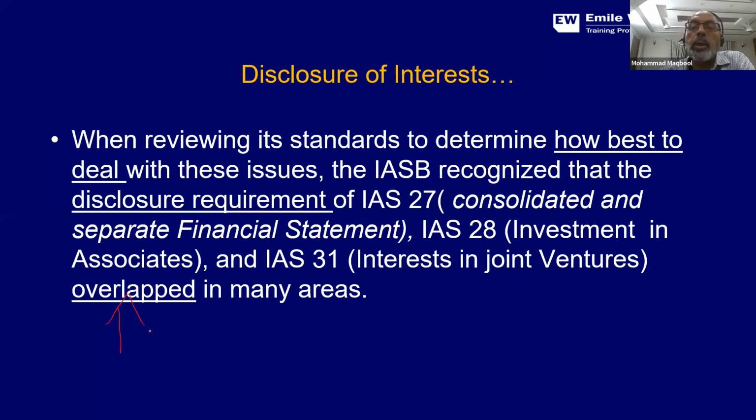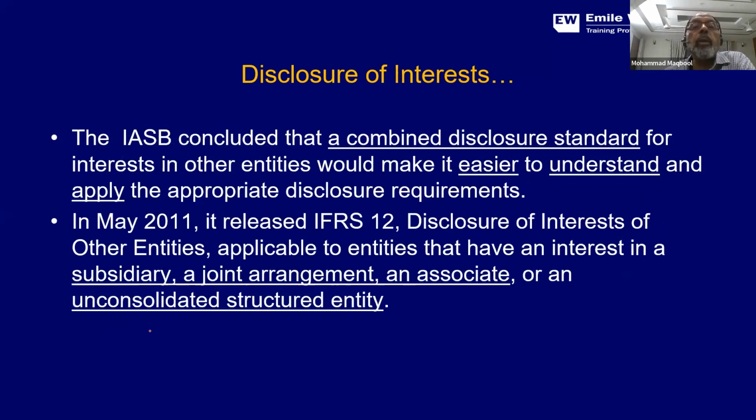At that time, IAS 27 was dealing with consolidation as well, and IAS 28 and IAS 31 used to deal with joint ventures. So they concluded there should be a combined disclosure. It will be easier for people to understand if the disclosure is combined in one place. So they brought all the disclosure to one place.